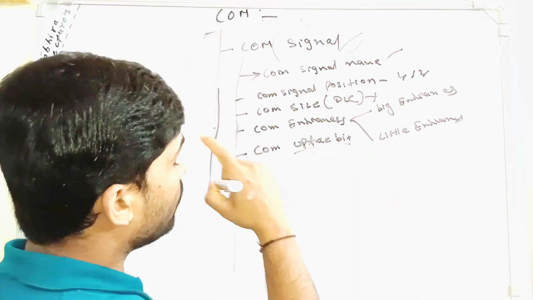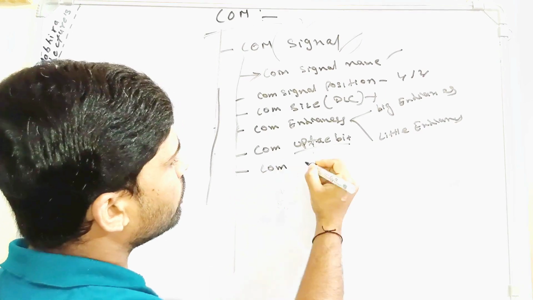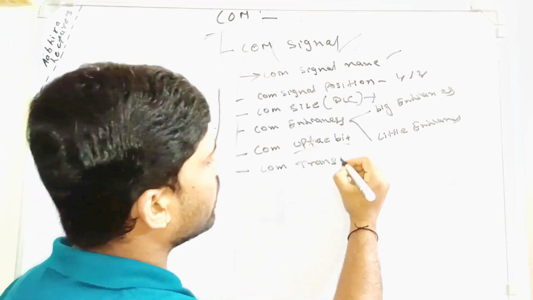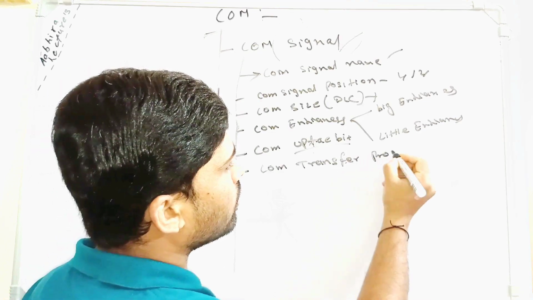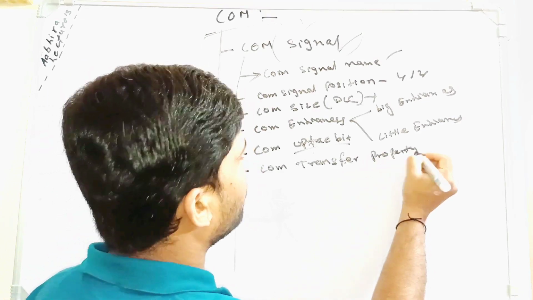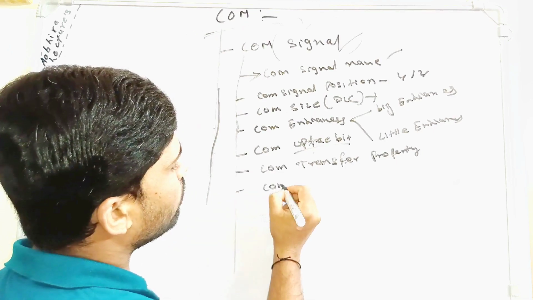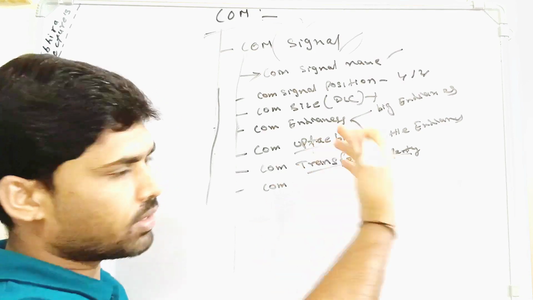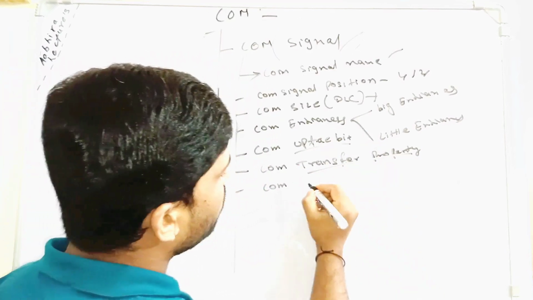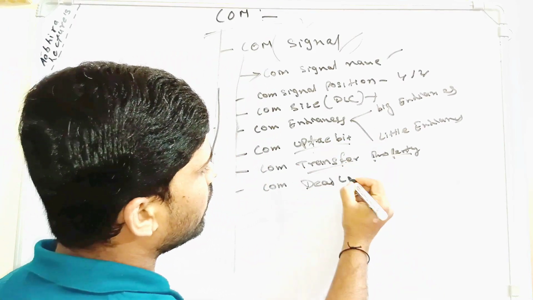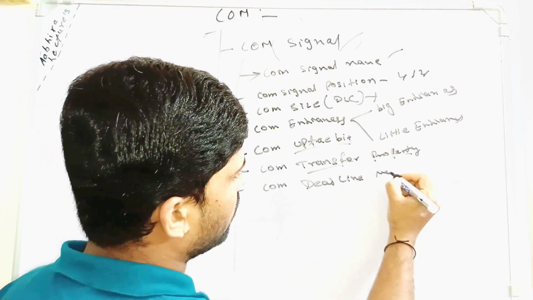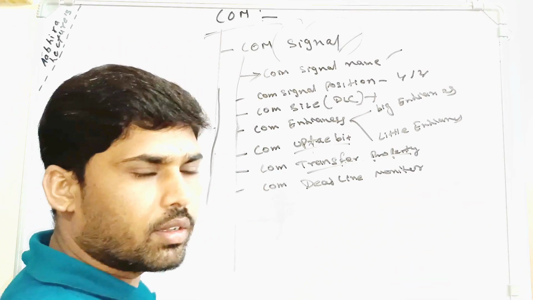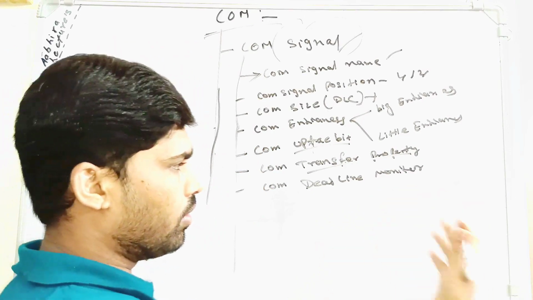Then COM transfer property, the property we have to configure. In this transfer property many parameters are there, we will discuss them one by one. Then COM deadline monitor. In this also there are some parameters which we will discuss later.